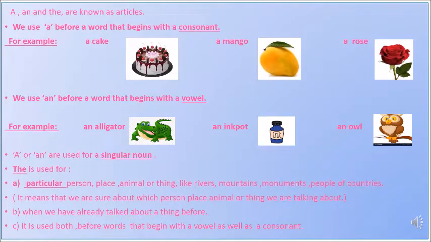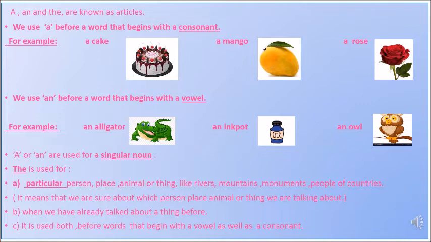It's time to learn the use of articles and what are articles. Children, a, an and the are known as articles. And where do we use them? How do we use them? This I am going to explain to you in this slide. We use a before a word that begins with a consonant.